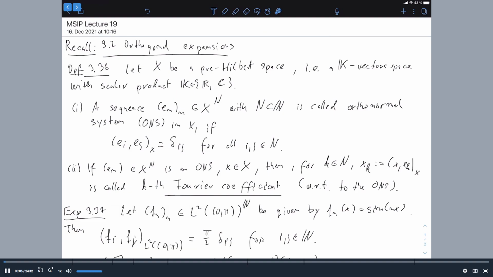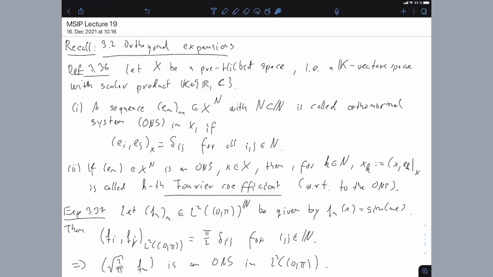So last time we finished the part on the continuous Fourier transform, more or less, and we are now moving towards Fourier series and a discrete Fourier transform. And one tool that we will need for this is the so-called orthogonal expansion.